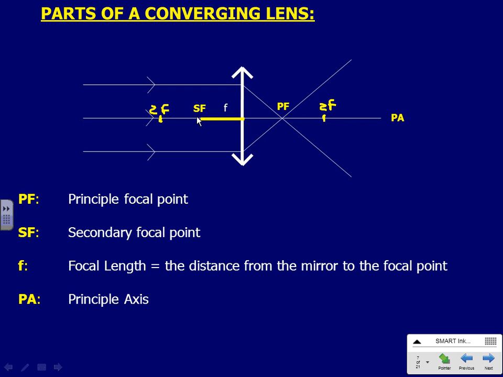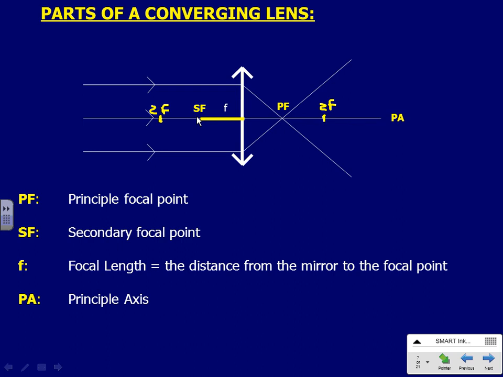Light that comes into a lens parallel to the principal axis will meet at the principal focus. The focus that's on the back side of the lens compared to the light, we call the principal focus. It's the main focus. And then we have this secondary focus on the front side.